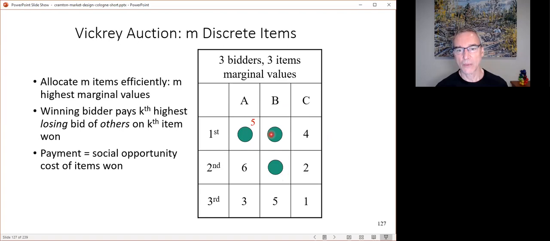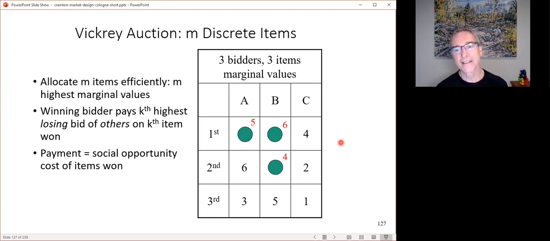And so we just ignore bidder B's values and instead look at bidder A and bidder C. If B wasn't to win these 2, well, the first one would go to A, which has a value of 6. And so bidder B pays 6 for that first item, and then the second item goes to C, and bidder B pays 4.